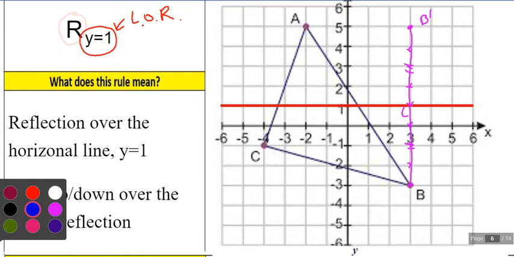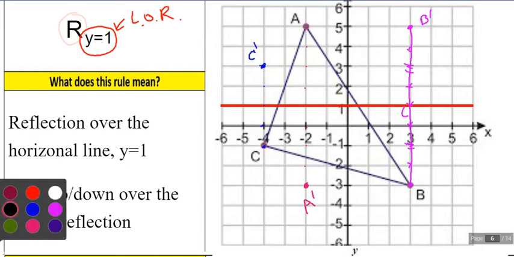So if I'm taking C, I can move 2 to the axis at a right angle, 2 away from the axis, and that marks my C prime. For my A, 1, 2, 3, 4 to the red line, 1, 2, 3, 4 away from the red line. Okay, and that'll give me my placement for A prime.